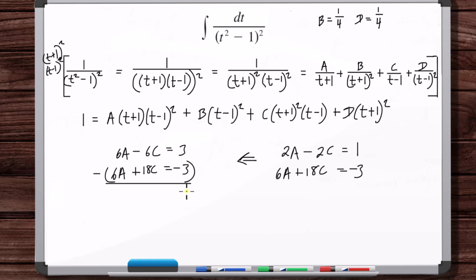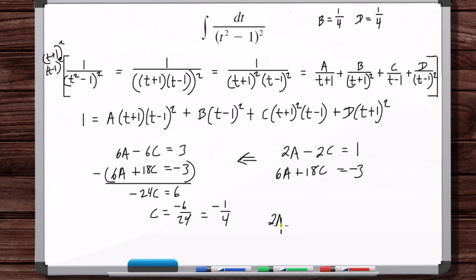Subtract these two equations. You have minus 6c minus 18c is minus 24c, and then 3 plus 3 is 6. So c is equal to minus 6 divided by 24, so minus 1/4.